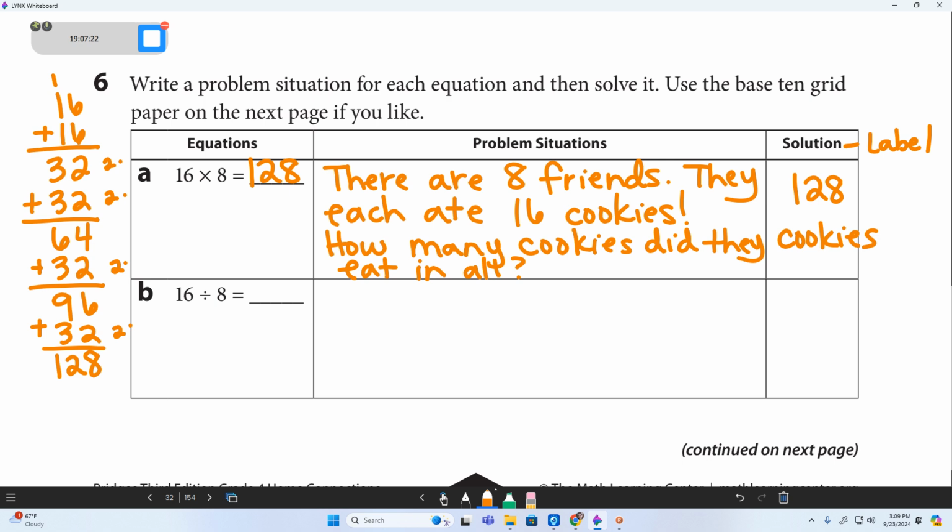All right, the next one, 16 divided by 8. Let's see. There were 16 pieces of candy and 8 kids.